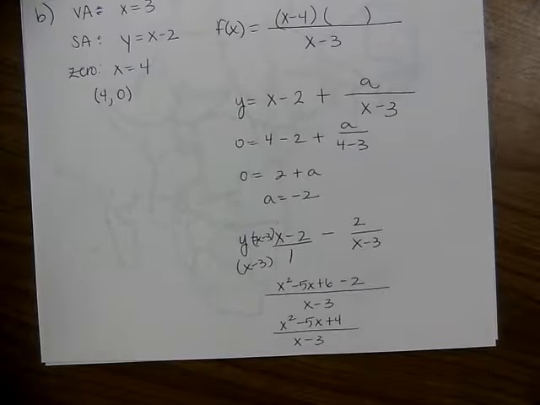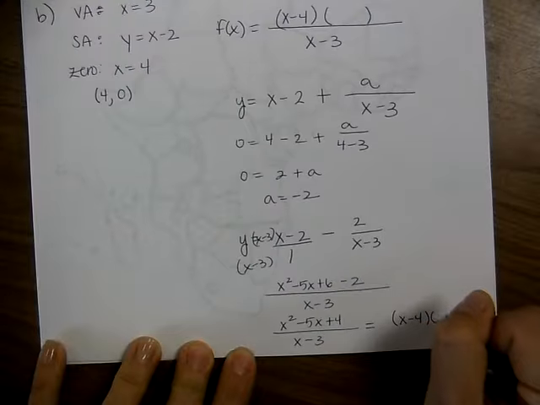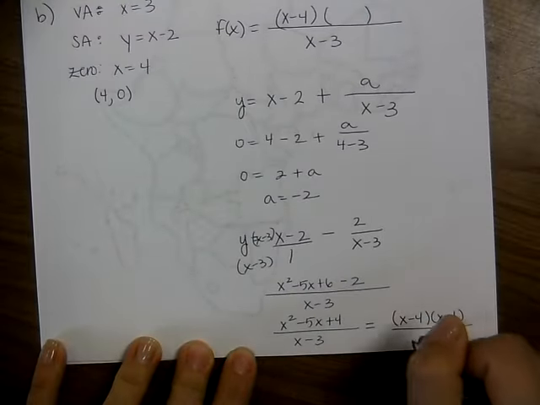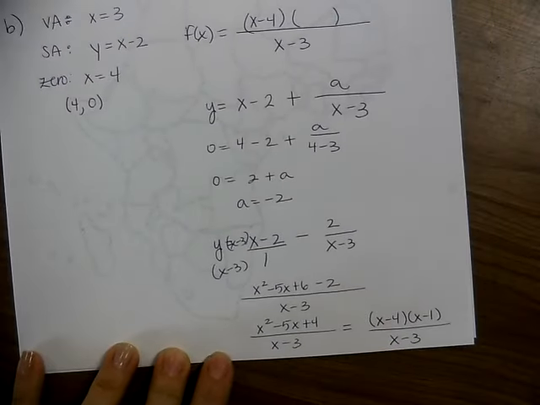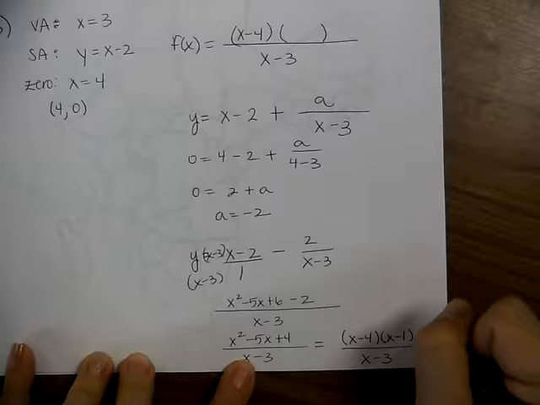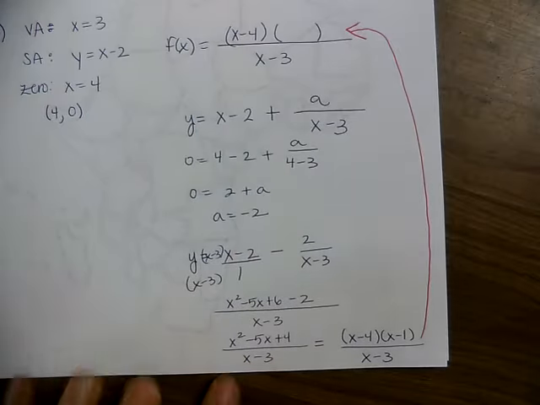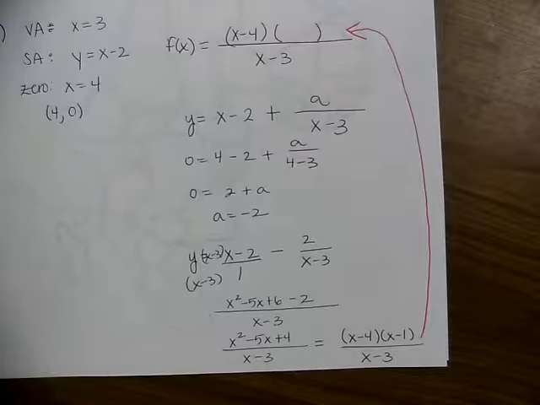What do you notice about x² - 5x + 4? It factors. What does it factor to? (x - 4)(x - 1)/(x - 3). Interesting. Because if we take this and we compare it to this, what did we just find?